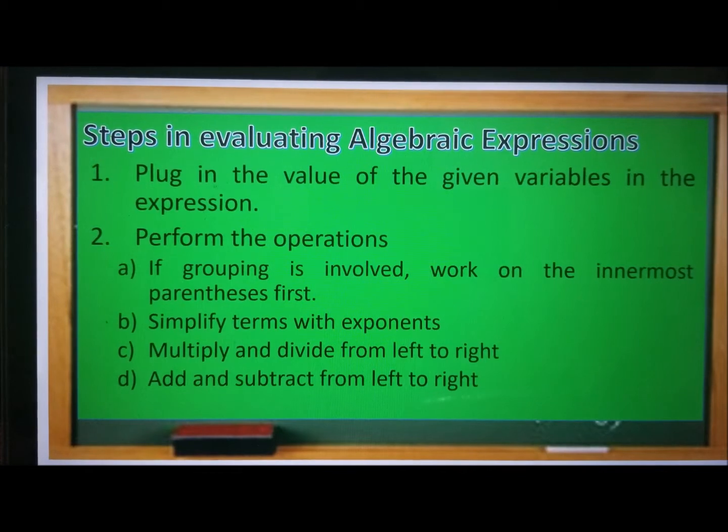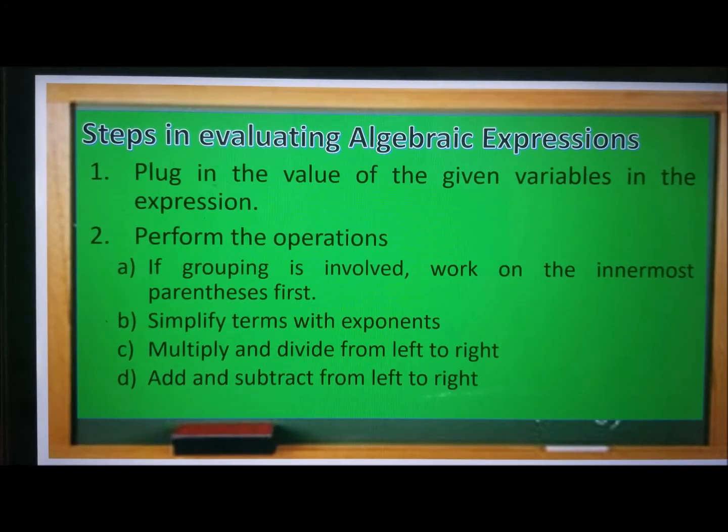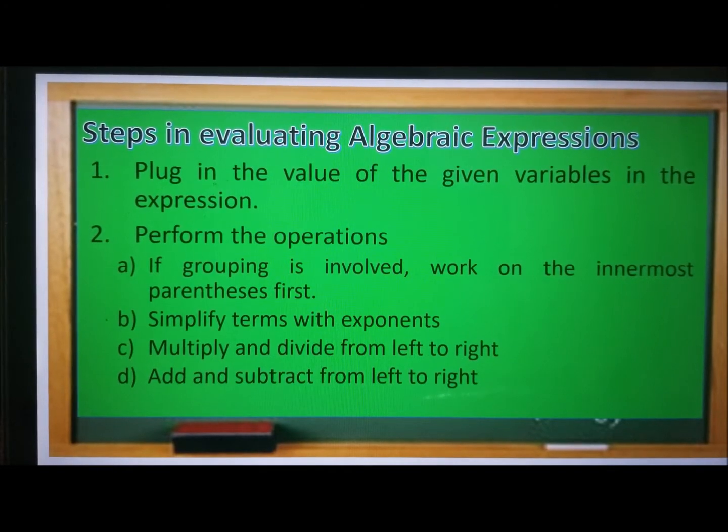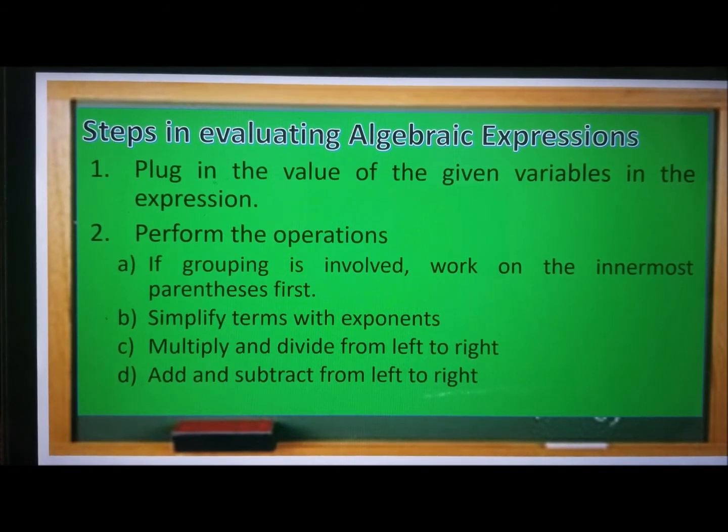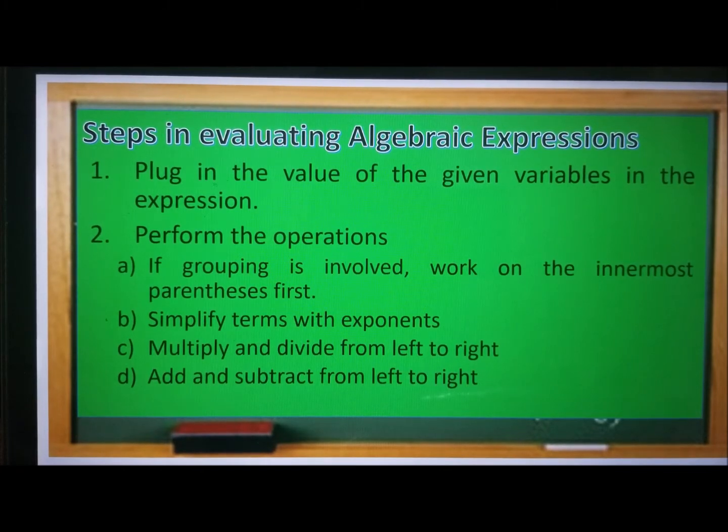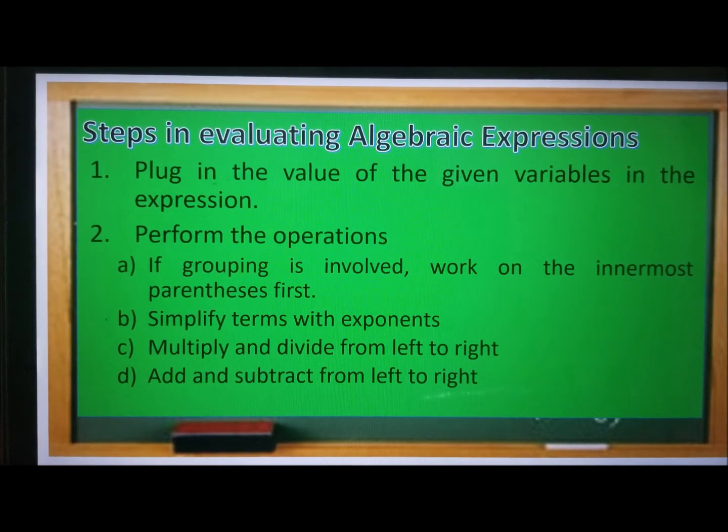After evaluating the terms inside the parentheses, it's now time for us to evaluate those terms that contain exponents. Then after evaluating the exponents, we can now do the process of multiplication and division that we usually do from left to right. Then finally, when the terms are ready to be subtracted and added, we can now do that from left to right as well.